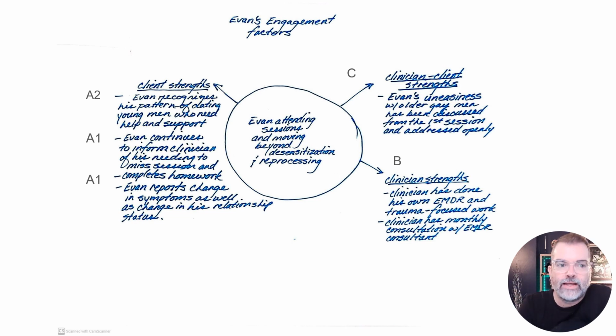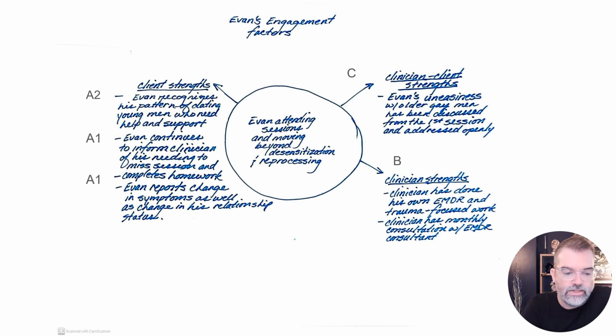Not that the other strengths that he has are less important, but in this particular intervention, what are the things about Evan, about me, and about our therapeutic relationship that can contribute to driving this positive behavior as opposed to the barriers that we are experiencing.